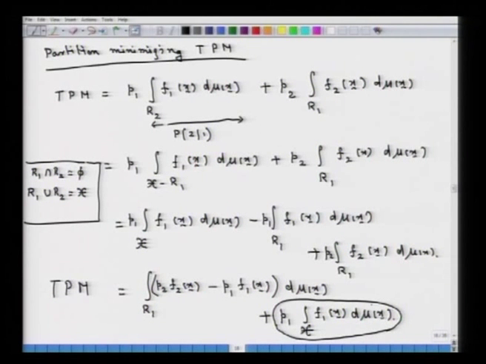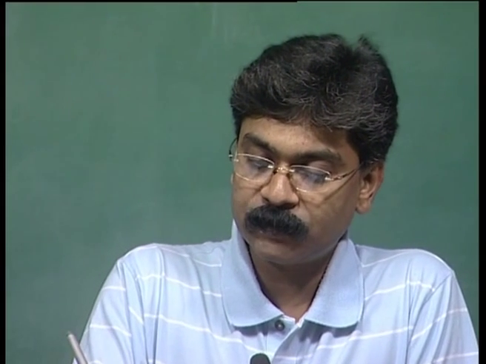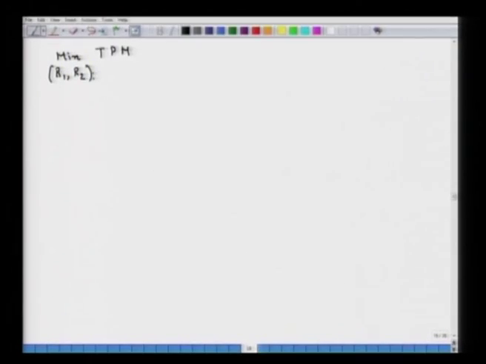Note that the term which I have circled is independent of the R1 R2 partition, because it is an integral over the sample space script X. Hence, when we are trying to find the minimum of the total probability of misclassification, we can just look at what is that R1, and hence R2, which is going to minimize the first term.